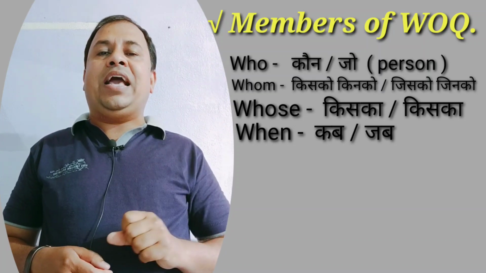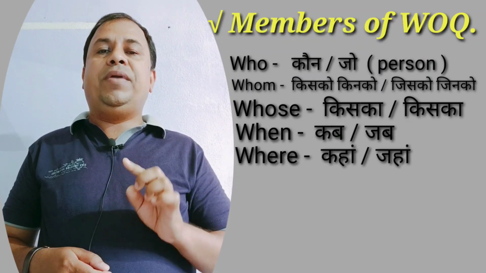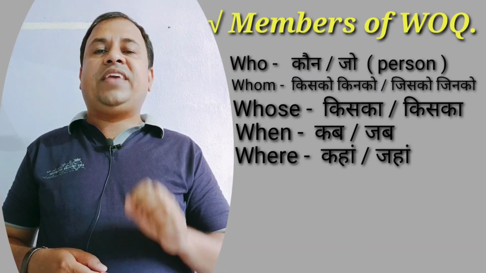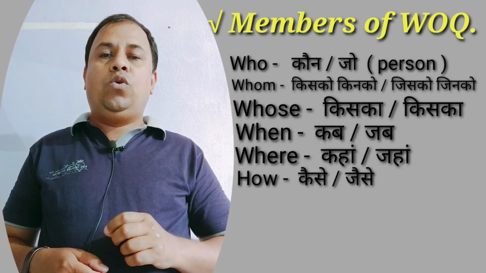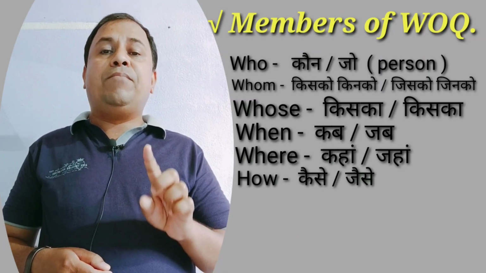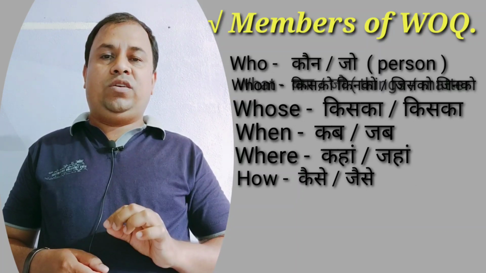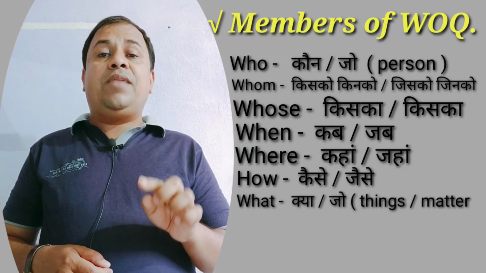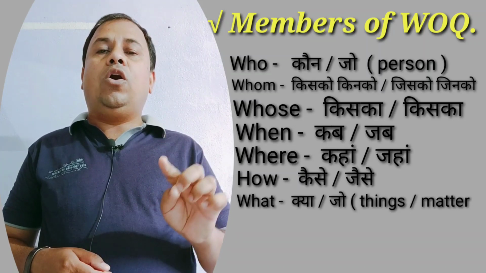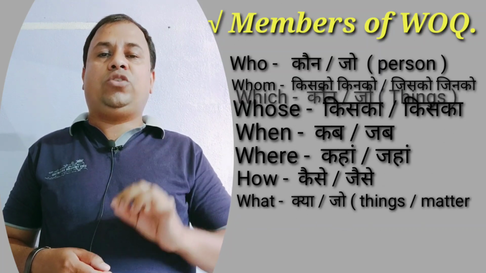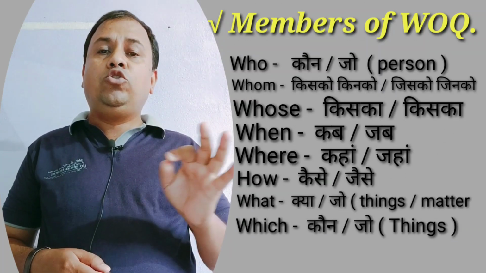Number 5 is where. The meaning is kahan or jahan. Number 6 is how. The meaning is kaise or jaise. Number 7 is what. The meaning is kya or jo. This can be used for things or matter. Number 8 is which, kaun or jo.